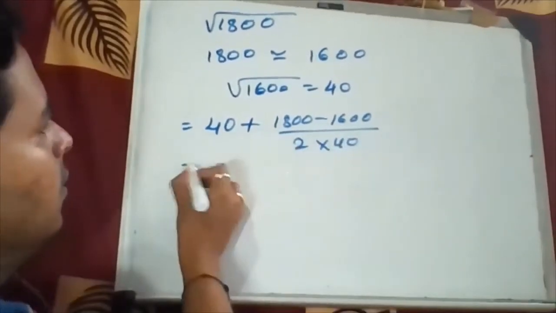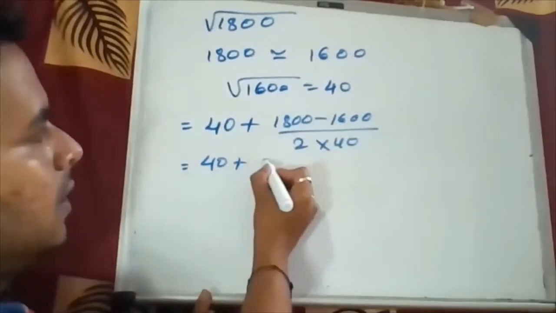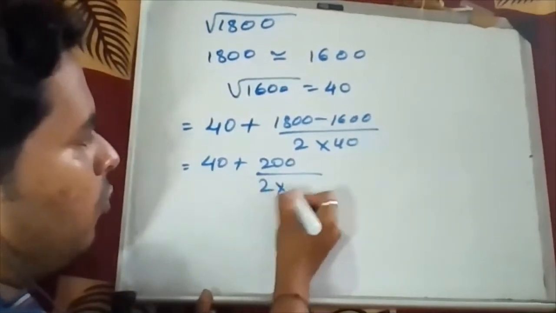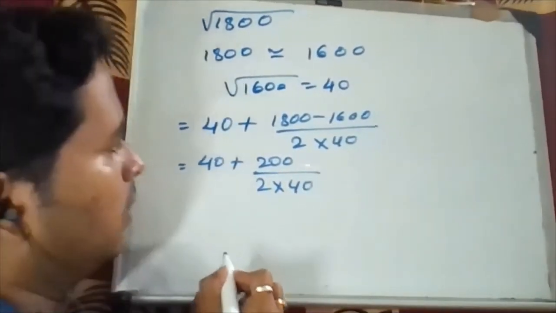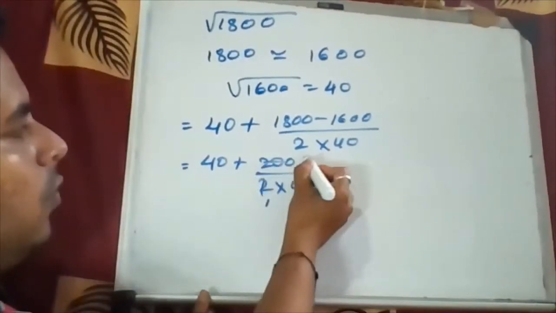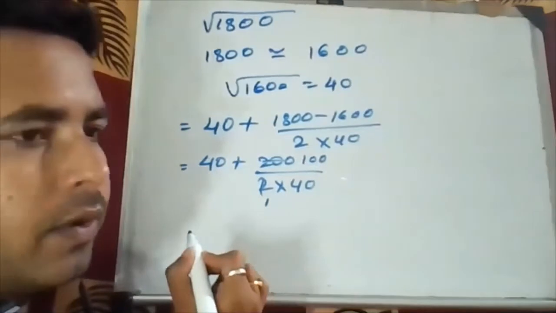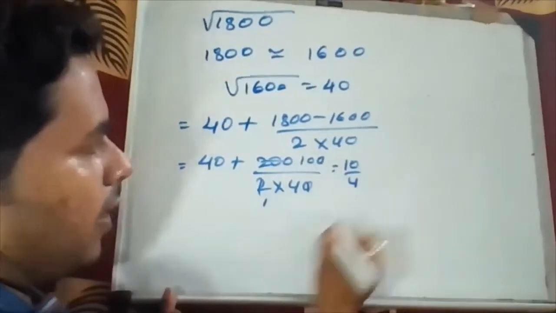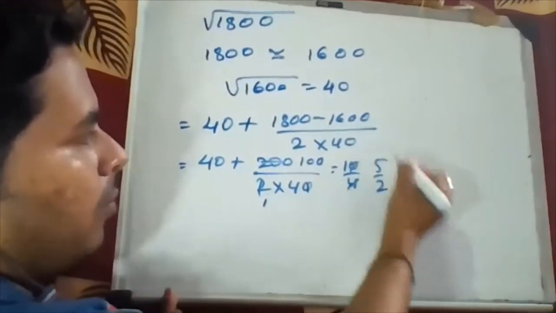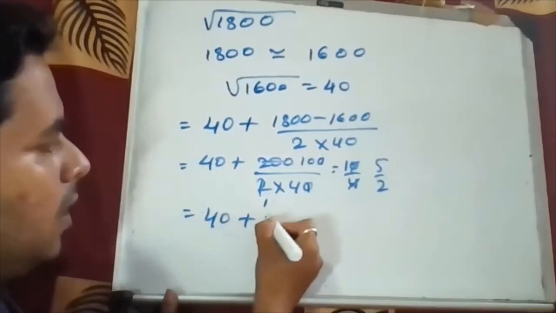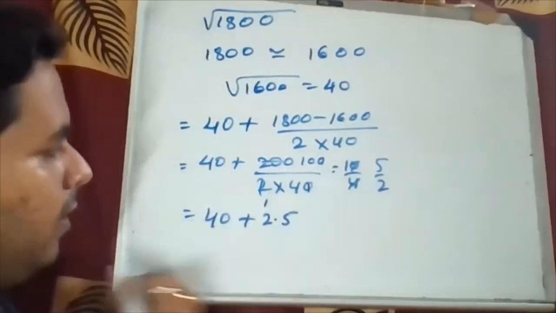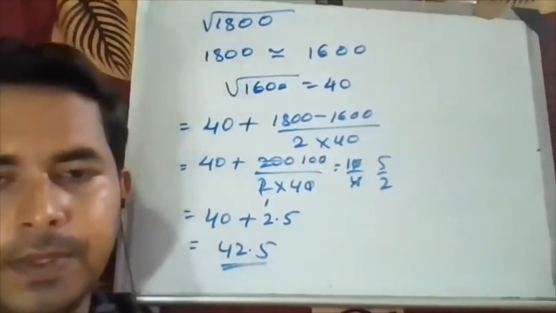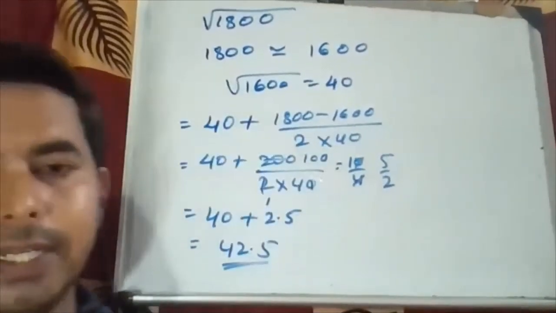So 40 plus 200 divided by 2 into 40. 2 ones are 2, 200, so finally you get 10 by 4. 10 by 4 means 5 by 2, so you will get 40 plus 2.5. So your final answer is 42.5. So this is the square root of 1800.